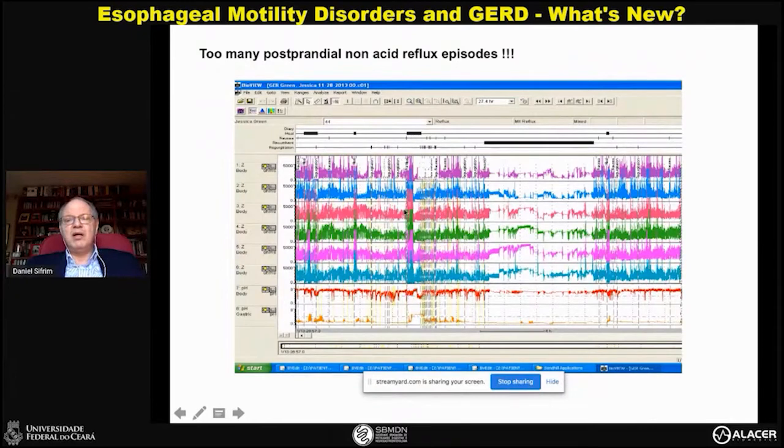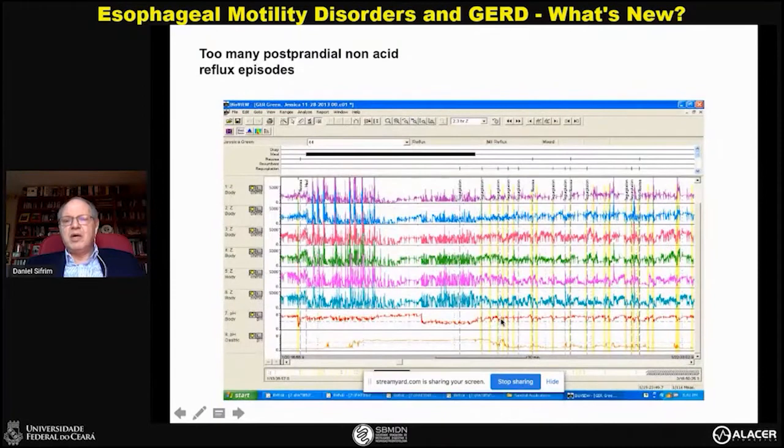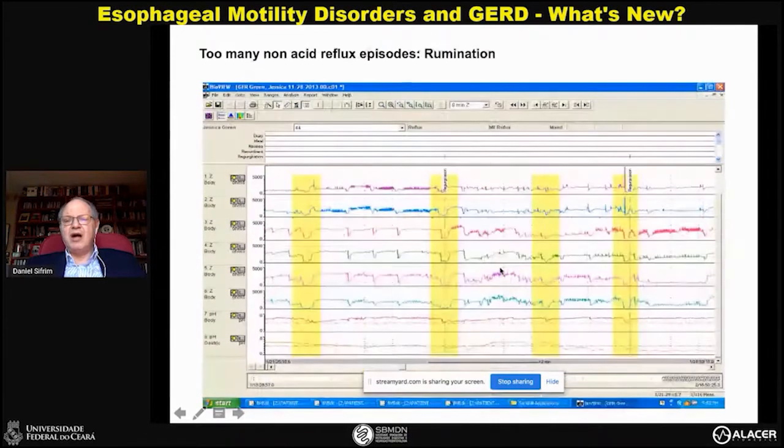So there is a meal here, and the patient has a lot of symptoms and many reflux episodes detected by impedance. All these are non-acidic retrograde flows of liquid. Most of them are recognized by the patient as regurgitation.